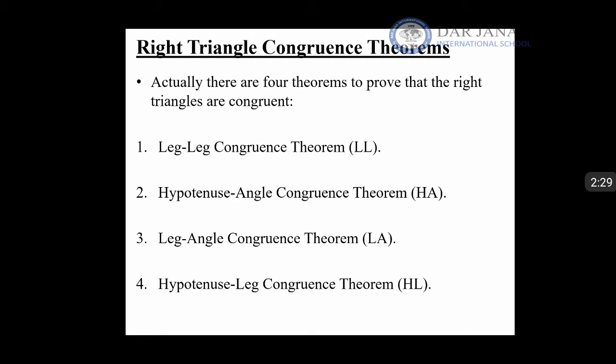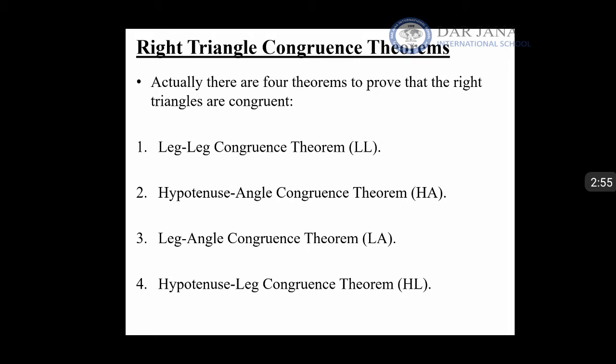So, the right triangles congruence theorems. Actually, there are four theorems to prove that right triangles are congruent. Theorem number one, the leg congruence theorem, which is referred to by LL. Theorem two, the hypotenuse angle congruence theorem, which is referred to by HA. Theorem number three, the leg angle congruence theorem, which is referred to by LA.